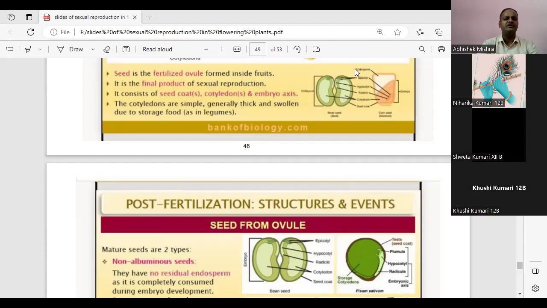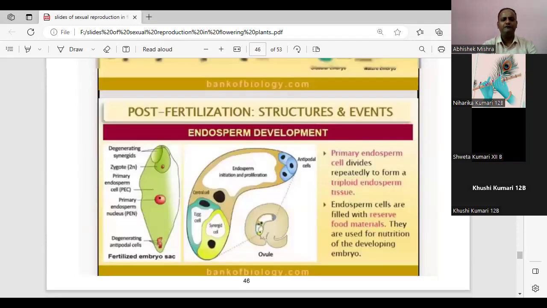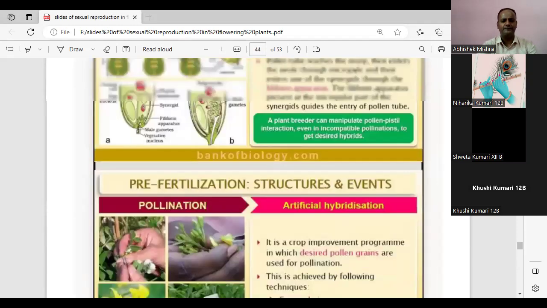Okay, Khushi Anand has sent a question. Khushi, it will be ploidy. Ploidy level of MMC, that is microspore mother cell. Any idea, students, what can be the ploidy level of the microspore mother cell? Anyone? Ploidy level of microspore mother cell.